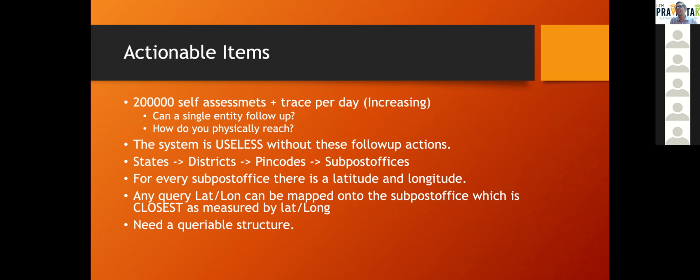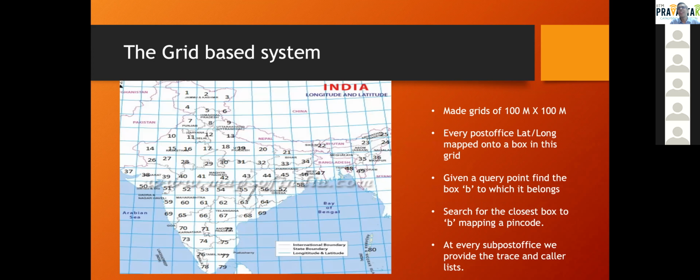I am sitting at some place within Mylapore. I have a lat long. Now this lat long has to be mapped onto Mylapore sub-post office, so that if an action has to be taken, it will come to that sub-post office. So we need a queryable structure, and this cannot just be a database. If you just use a database, it will fail, because you have a huge amount of data flowing, and it cannot be just a query.